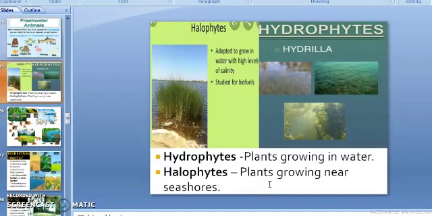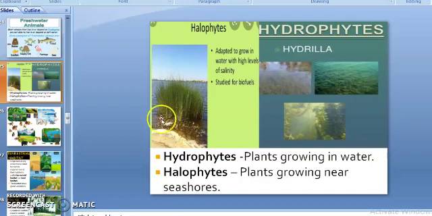Now see these new terms, halophytes and hydrophytes. What are hydrophytes? Plants growing in water are called hydrophytes. And halophytes? These are the plants growing near seashores, in saline water, means in saline conditions they are growing. Look at this picture.